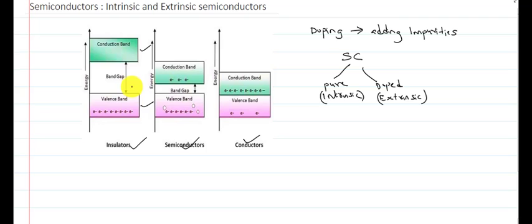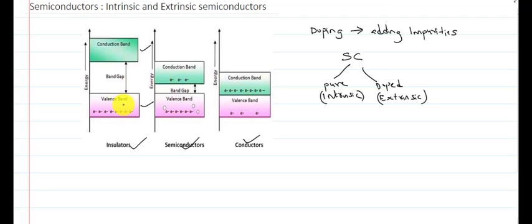So we should know the conduction band is normally empty and the valence band is completely filled with electrons. According to the energy gap, we can classify the solids as insulators, semiconductors and conductors. In insulators, the energy gap is much greater than that of a semiconductor.